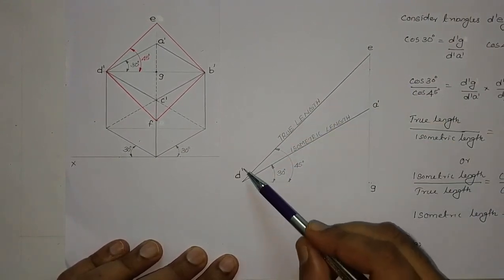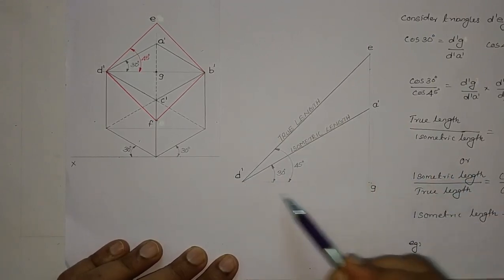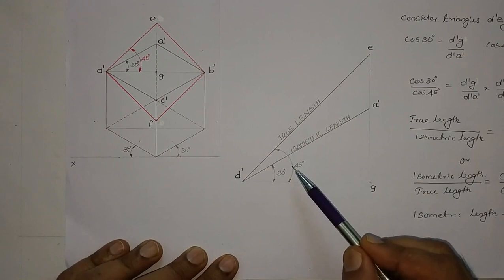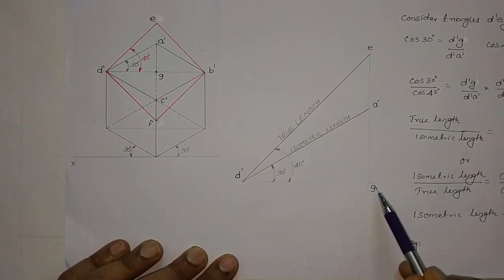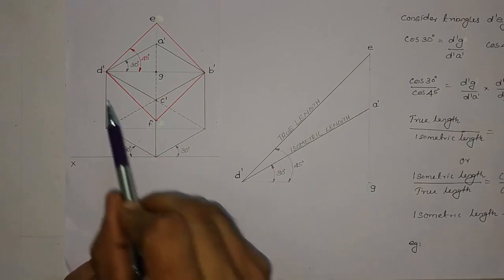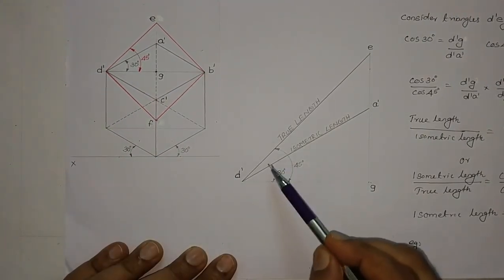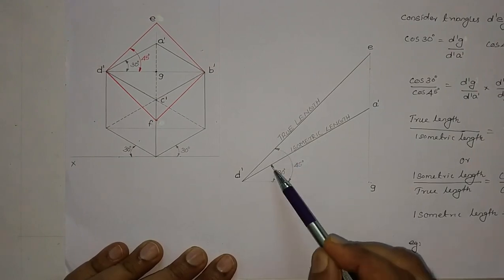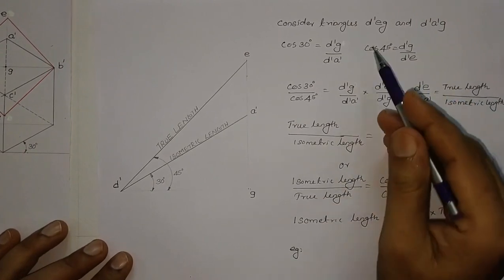The second triangle is d dash a dash g. I have got a reference line here, which is the same as d dash g here. This is 45 degree and this is 30 degree. So you consider these two triangles.